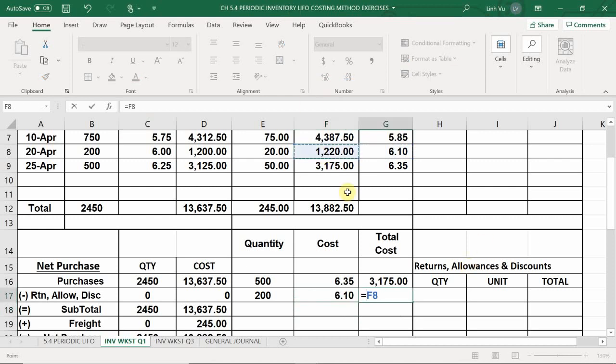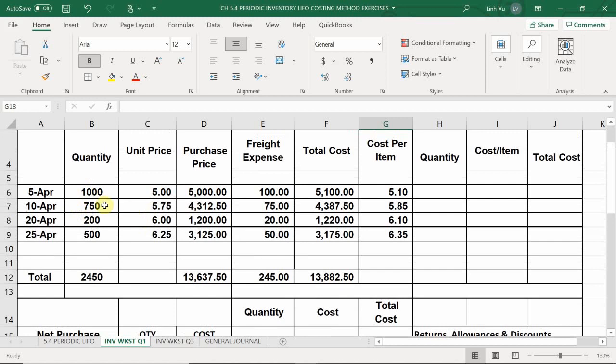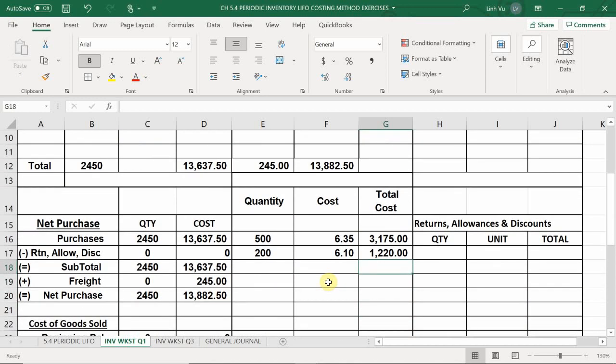You don't have to take the 750 before. 750 is my second batch. Okay, I'm doing last in, first out. So in this case, I'm going to go from the bottom because the last batch I purchased was the 25th of April. I already got rid of that. So my next batch to sell is my 20th of April. So I have to get rid of that whole entire batch right there, my mistake. No worries.